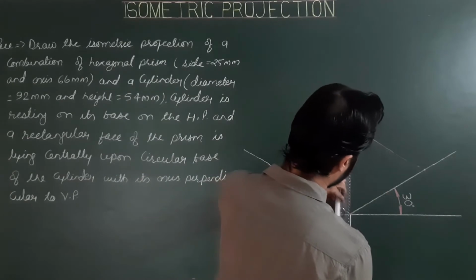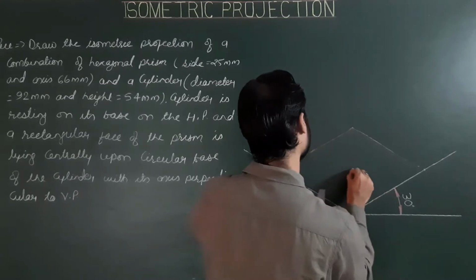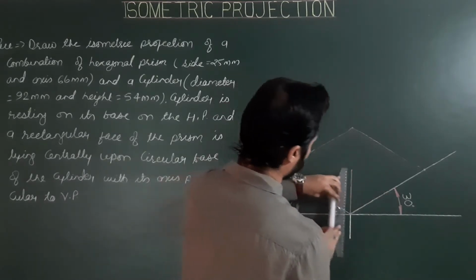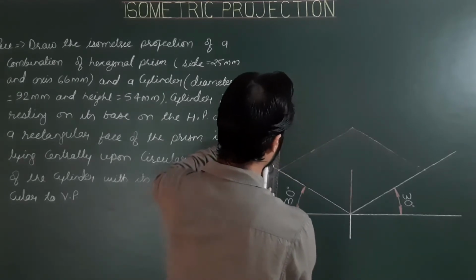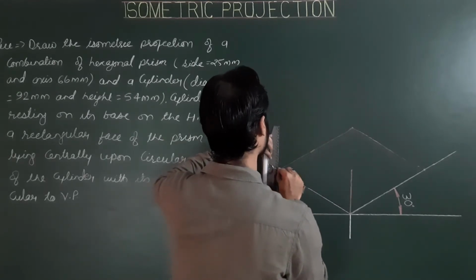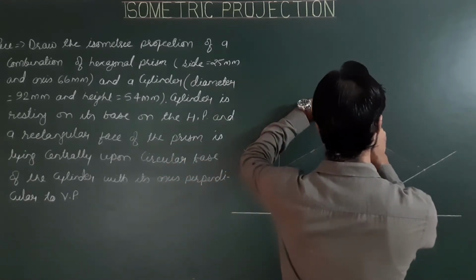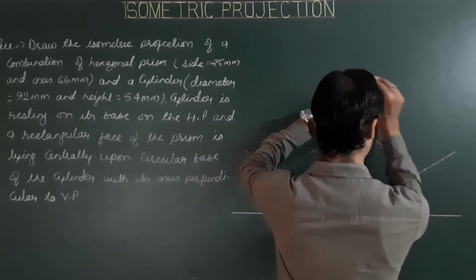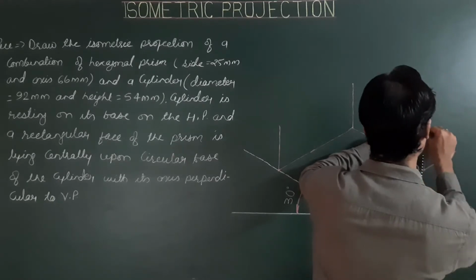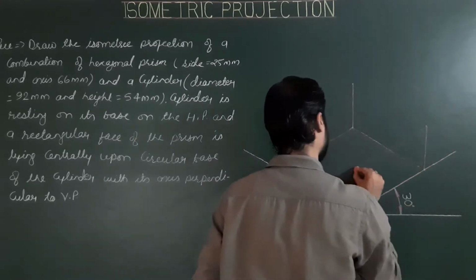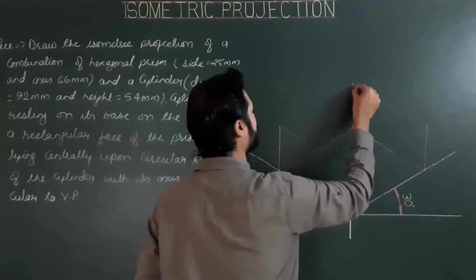Again we have to take isometric length corresponding to 54. So drawing vertical lines of length ISO 54 from all four corners of the square, and then drawing lines joining all four corners.